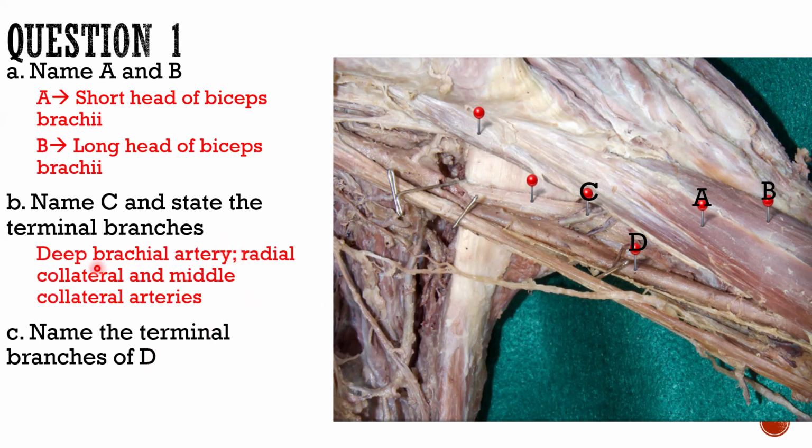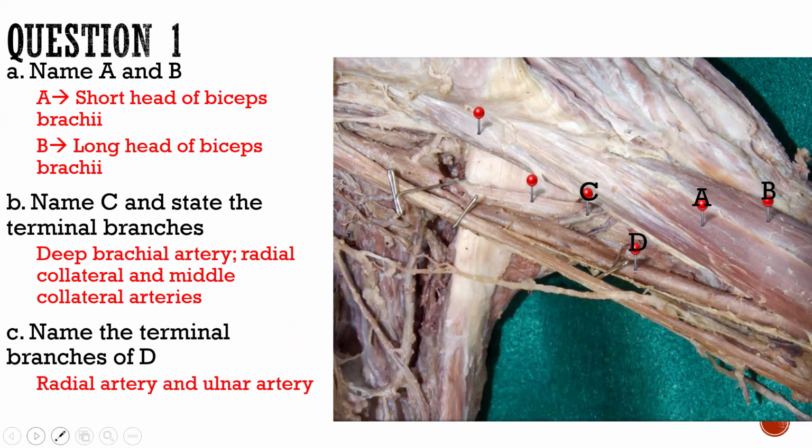And so the radial collateral artery and the middle collateral artery, those are the terminal branches of the deep brachial artery. Now, D, we have named it as the brachial artery, and the terminal branches of the brachial artery within the cubital fossa, just at the apex of the cubital fossa, is the radial artery and the ulnar artery.